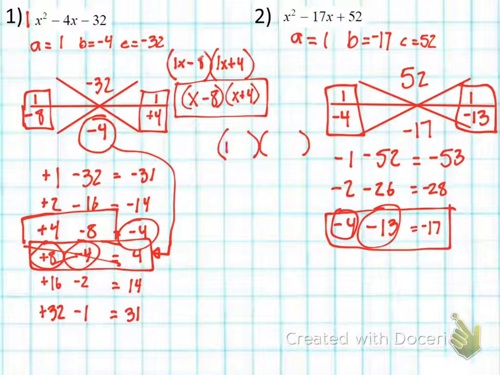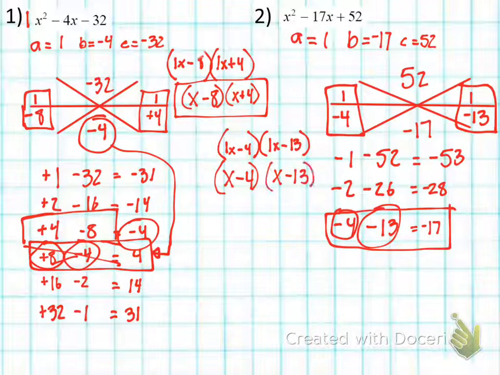The first term is going to be 1, and the square root of x squared is x, so it's 1x. We're looking at 1x minus 4, and over here we have 1x minus 13. So we got x minus 4 times x minus 13, and that's your final answer for number 2.